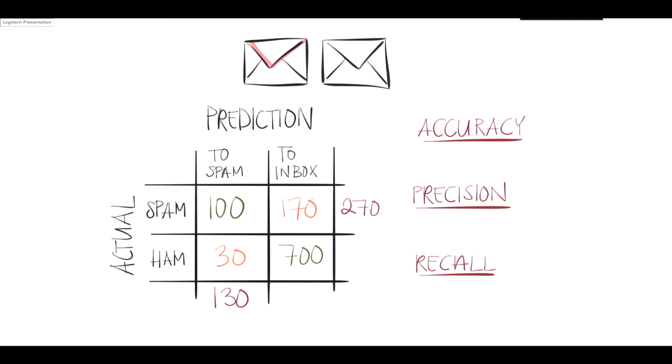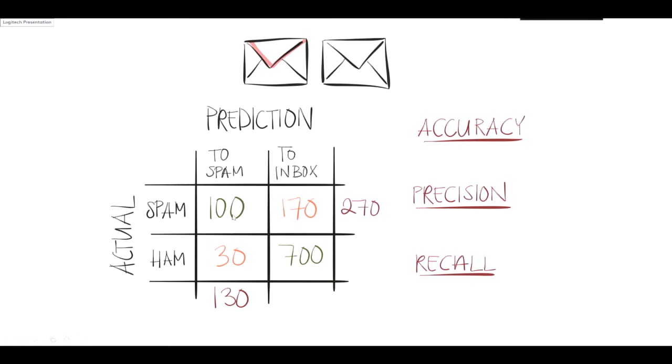If it's a categorical measurement, like if it's ham or spam, then you'll have something like this, and this is called a confusion matrix. So in this case, for spam, if it was actually spam, did we guess it was spam or did we guess it was not spam?